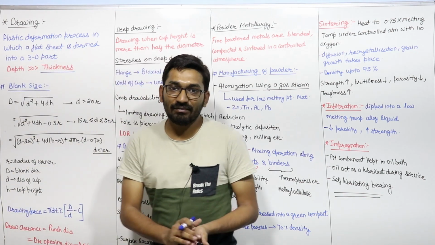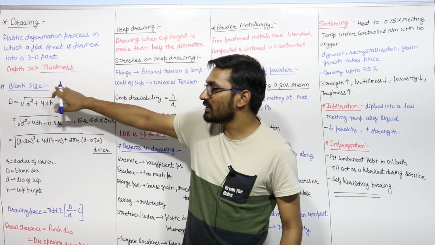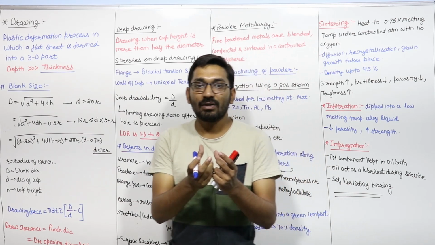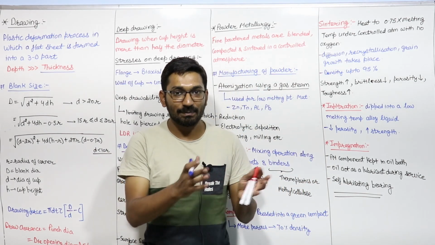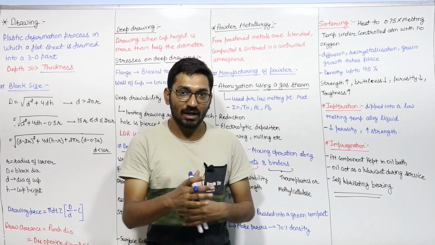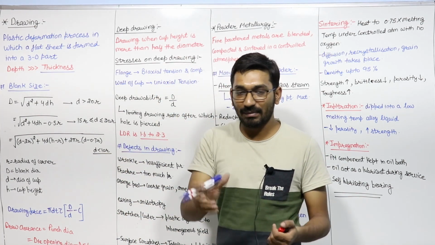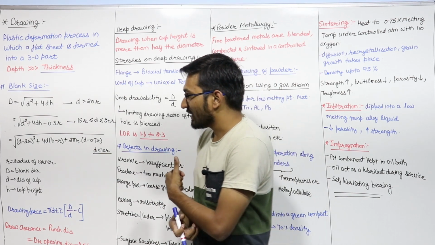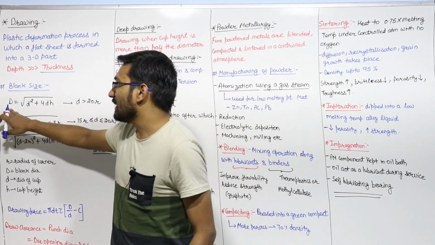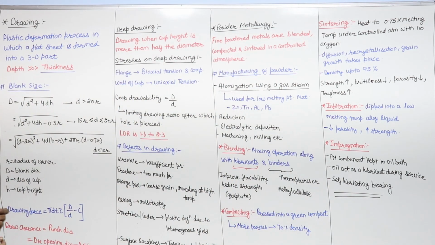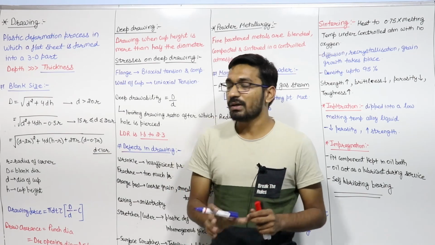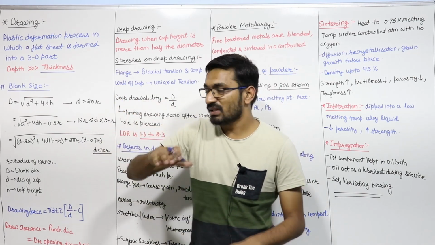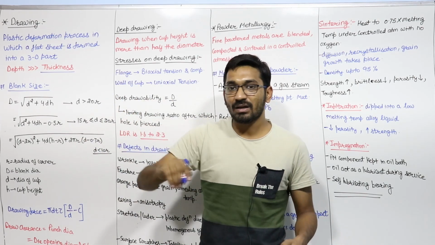In drawing, we have to decide the blank size, that is, your initial product size, needed to make a particular cup shape with some height, some diameter, some thickness. Capital D is the diameter of the blank, small d is the diameter of the cup which you want, h is the depth, and r is the radius of the corner.